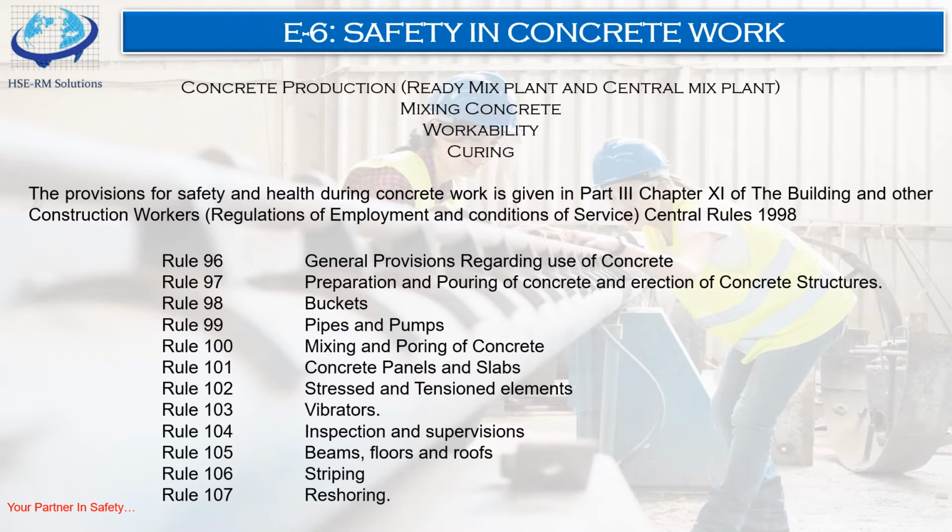The central mix plant offers more accurate control of the concrete quality through better measurements of the amount of water added, but must be placed close to the work site where the concrete will be used, since hydration begins at the plant itself.